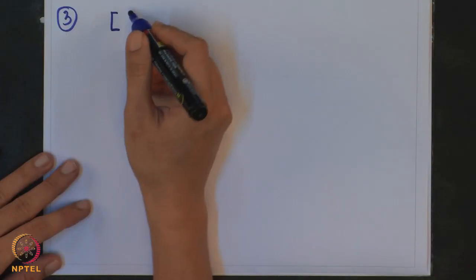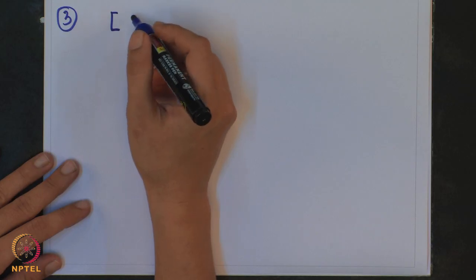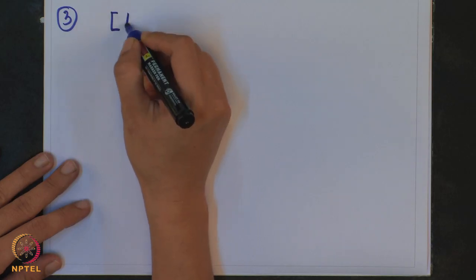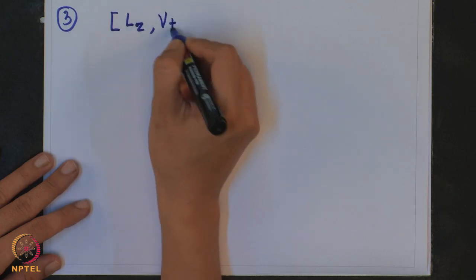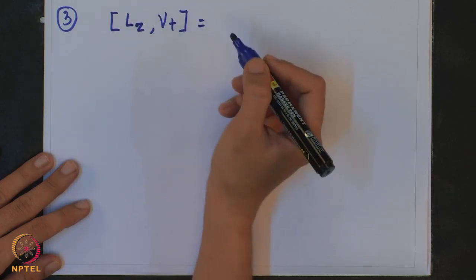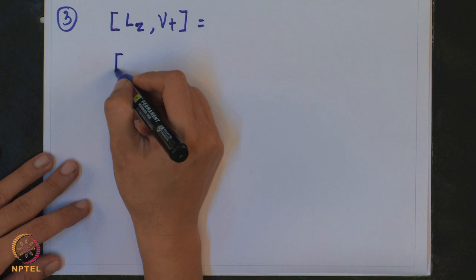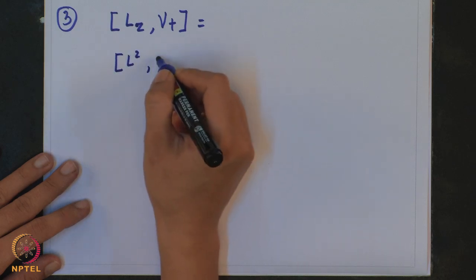Problem 3 is you are given a set of commutator relations, and using those commutator relations you have to dig down and search the results. So, one of these relations given to you is for Lz with V plus, and L square with V plus.